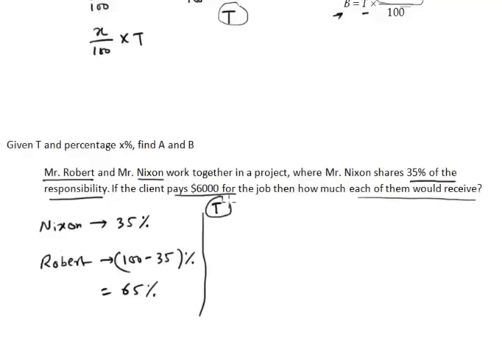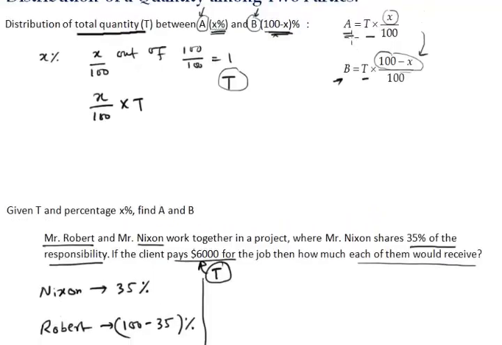So this is the total quantity, $6,000, that will be distributed between Mr. Robert and Mr. Nixon. What is the formula to distribute? For A's share, A's percentage divided by 100 times the total quantity. Anybody's share is that party's percentage divided by 100 times the total quantity.